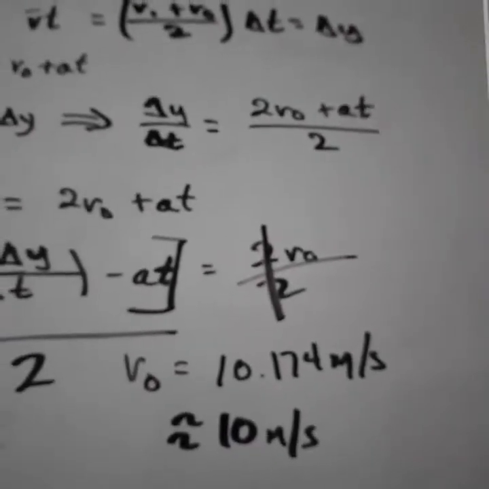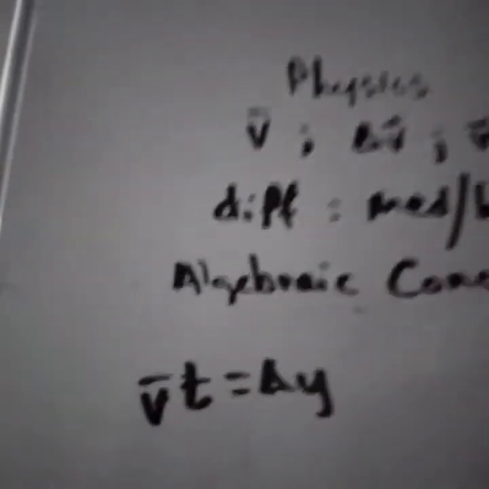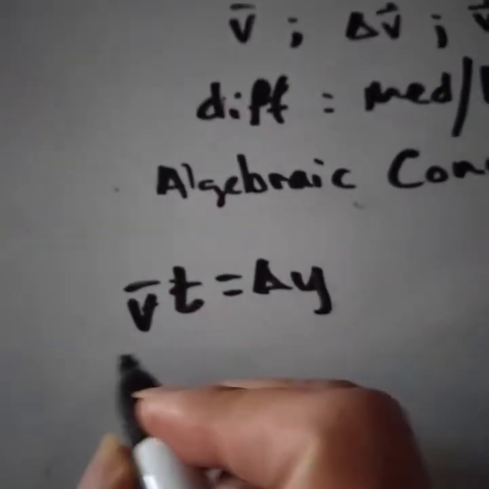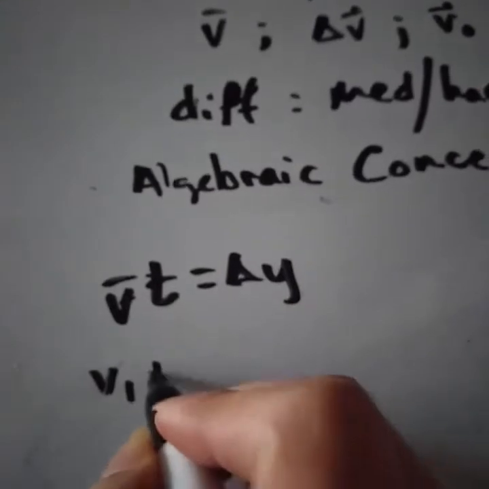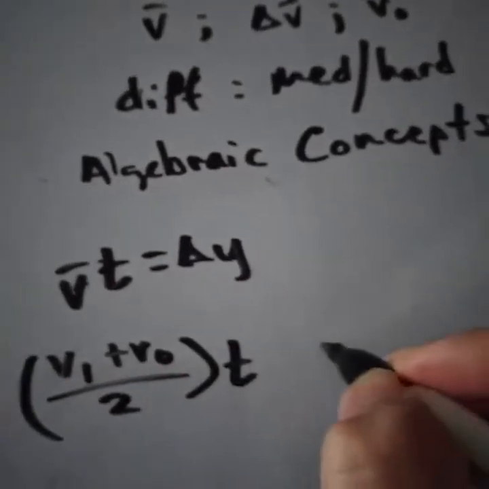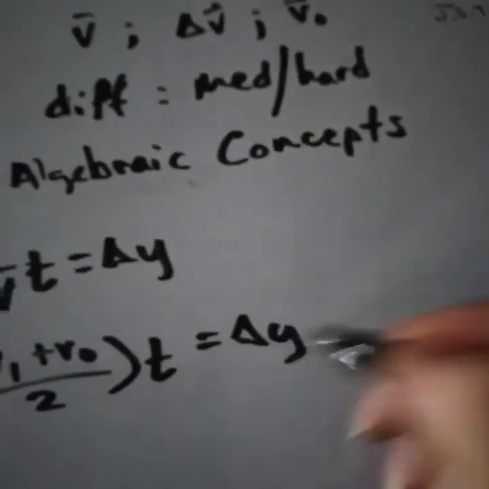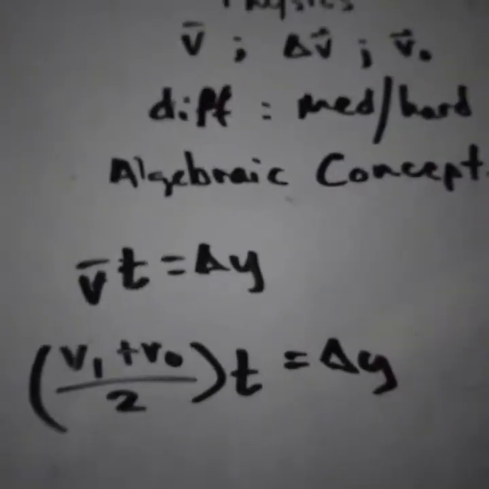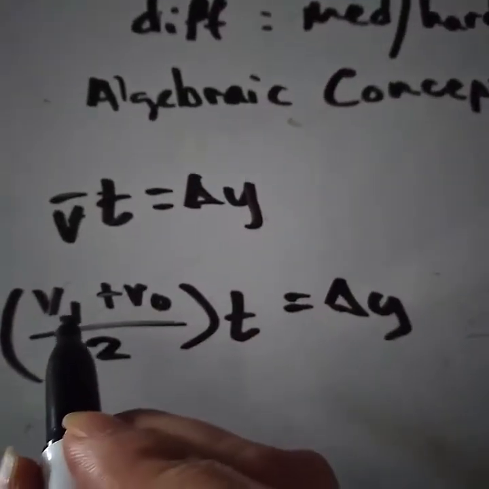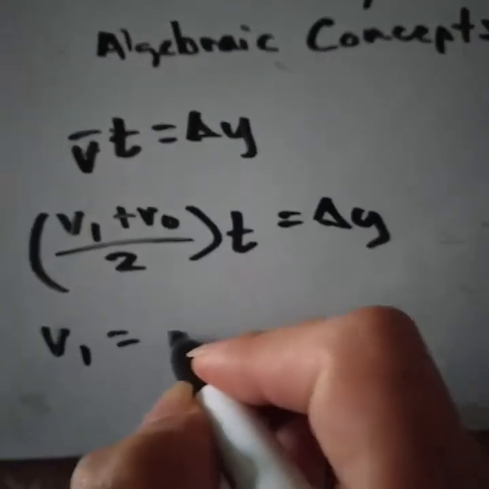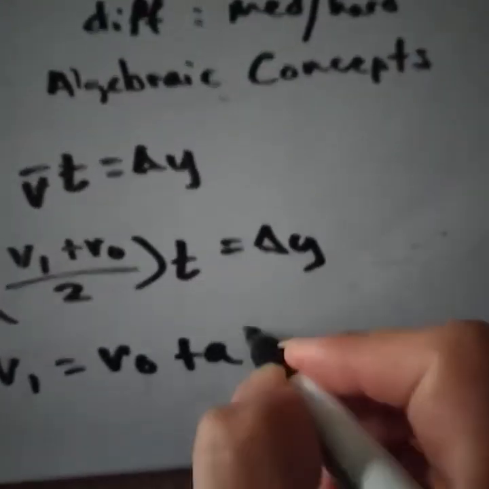So now, as a check, if you wanted to, you write down your average velocity equation equal to displacement. You have V1 plus V0 over 2, times time, is equal to delta y. Now you might say we don't know our final velocity, but we do know our final velocity. Remember, final velocity is equal to initial velocity plus AT.